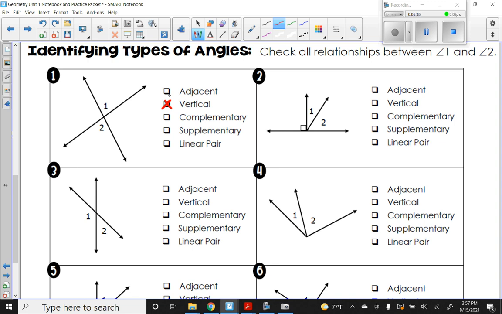Try number 2. Number 2 has 2 boxes you could check. Adjacent means neighborly. They are neighbors and they are complementary. If this side is a box, so is this side, and those 2 will add up to 90.